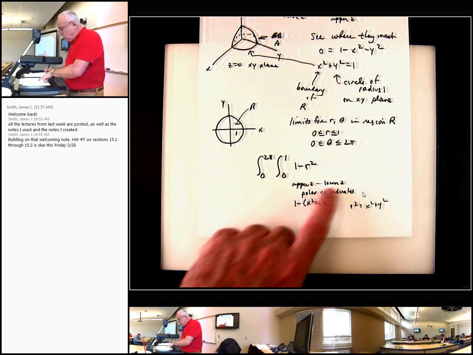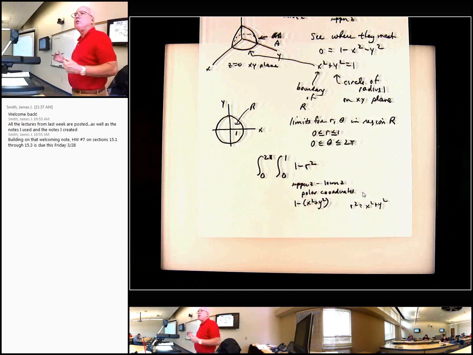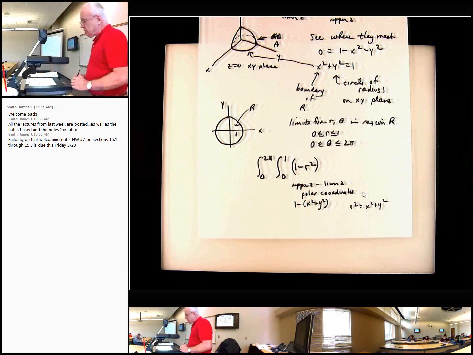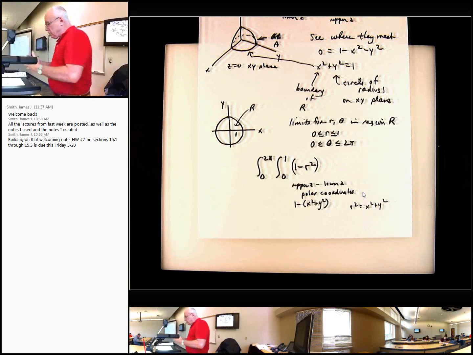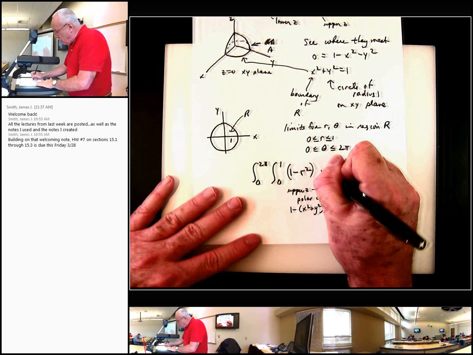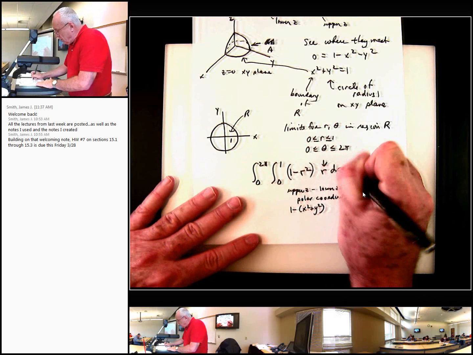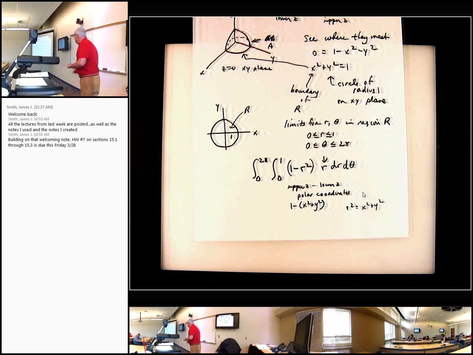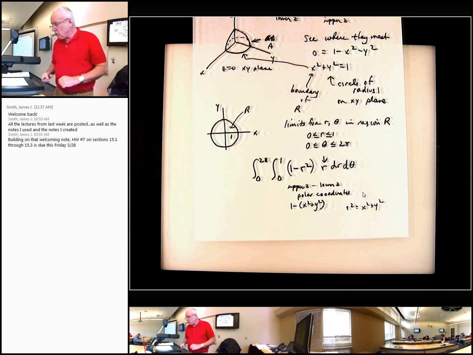And of course my lower z is just 0, so I don't have to write that. So this is the vertical space that I'm integrating, and then don't forget it's r dr d theta, like that. Again, don't forget that extra r.